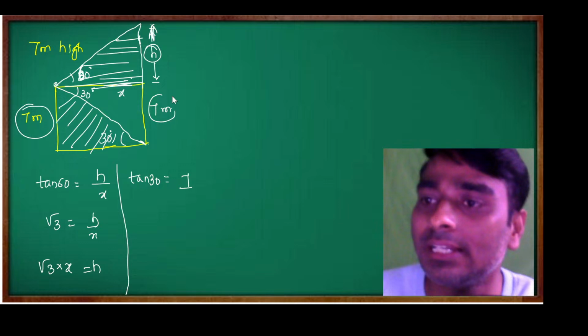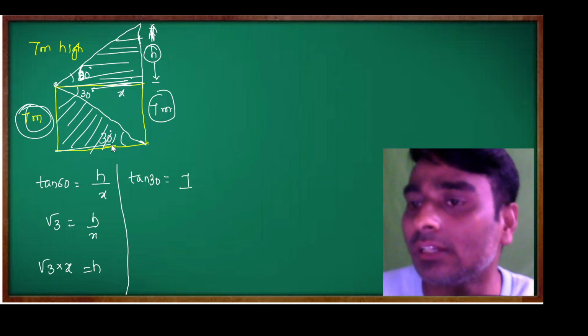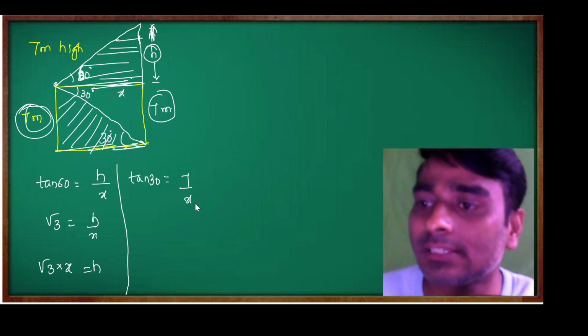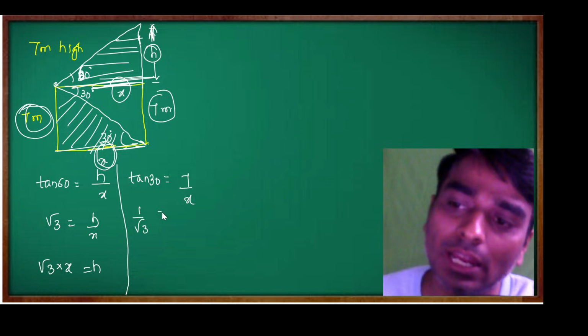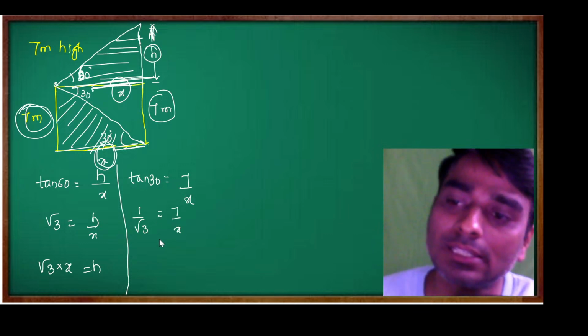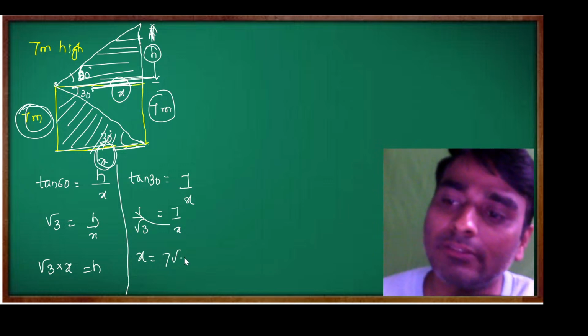Now the height is 7 here or here, anywhere you take, and this is x. This is again x, right? Because opposite sides are the same in a rectangle or square. So tan 30 is 1/√3, and this will be 7 by x. Cross multiply, 1 into x will be x, and this will be 7√3.